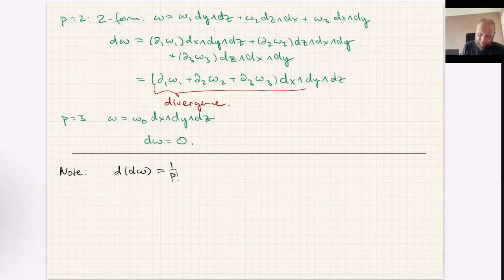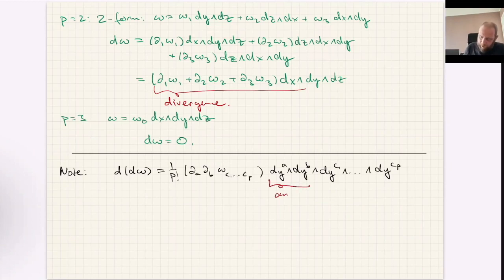It's 1 over p factorial, and then you have dA dB omega c1 up to cp dy^A wedge dy^B wedge dy^c1 up to dy^cp, right? But this is antisymmetric when you exchange A and B, and we are assuming that these partial derivatives commute, which means that it's symmetric. So this is indeed equal to 0.